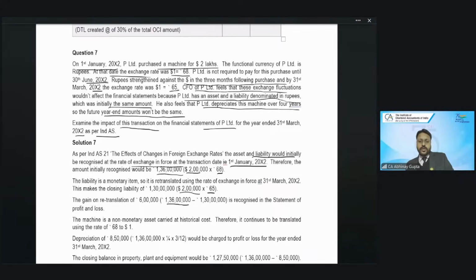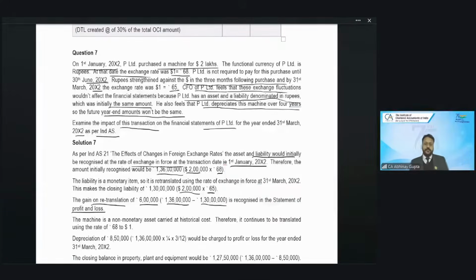Now because the rupee has strengthened from 68 to 65, the liability is restated at 130. So 6 lakh is the saving on the liability. Because the liability is reduced, it is a gain. So the gain on the restatement of the liability of 6 lakh will be recorded in P&L.